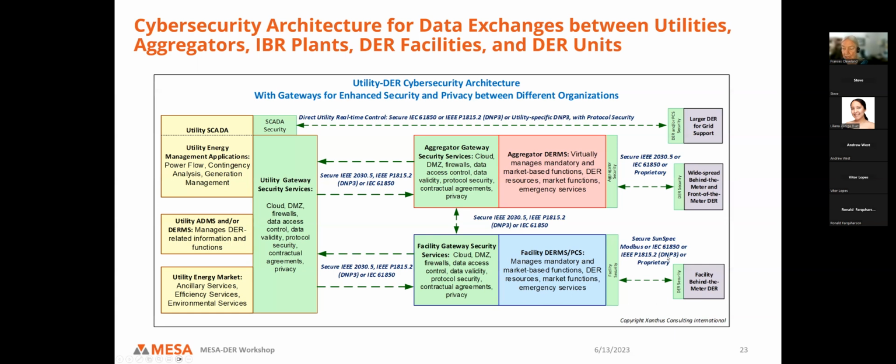So there will also need to be cybersecurity, these green areas, even within the facility, and certainly between the aggregator and the DERs they're responsible for. So this shows the cybersecurity architectures for information exchanges. This is just one aspect, the communication aspect.